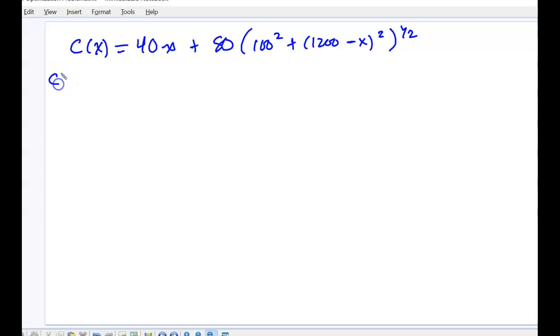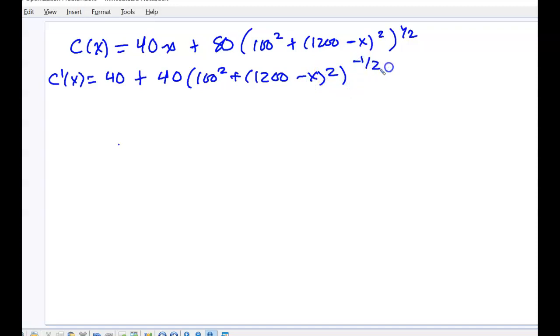So if I take the derivative, c prime of x, the derivative of 40x is going to be 40 plus, I'm going to bring the 1/2 out front, and 1/2 times 80 is going to be 40, and then my stuff inside the brackets I'm not going to touch. And this is going to drop to a negative 1/2. And then I have to multiply it by the derivative of the inside.